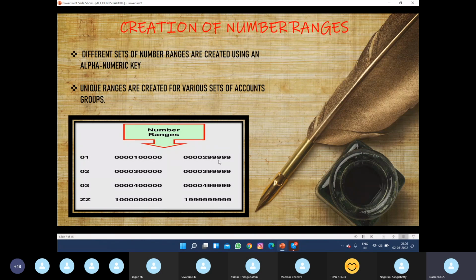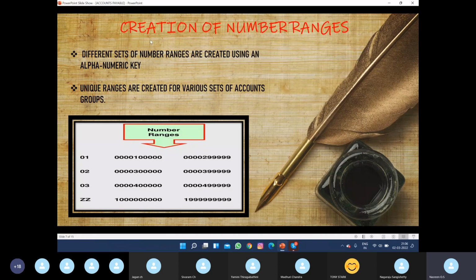We can assign a number to only one vendor. In such a case, we must be careful that we do not overlap any of the numbers. This was about number ranges.